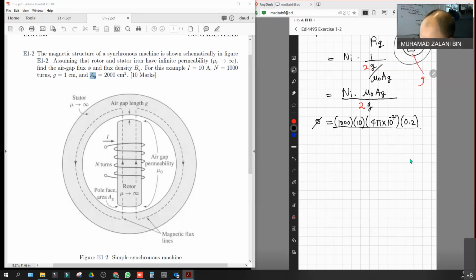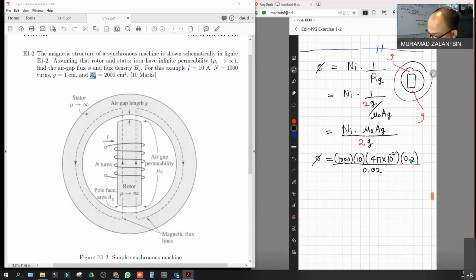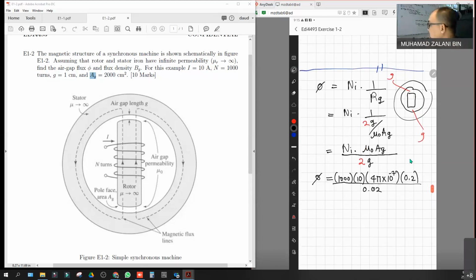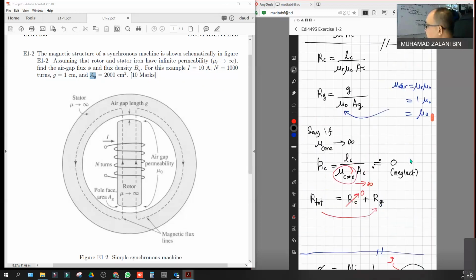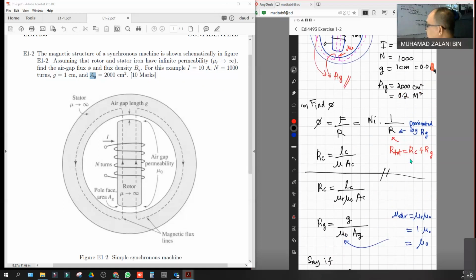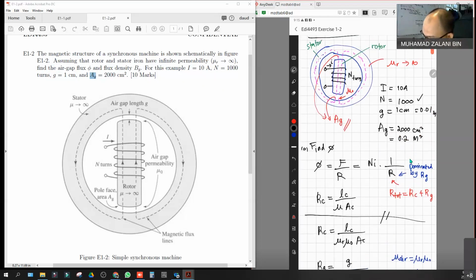Yeah? 2G, 1G is 0.01, 2G means 0.02. Let's just quickly have a check on each of the values. 1000, 10, 0.2, 0.02. We have 1000, 10, 0.2, and 2G is 0.02. So betul lah semua, okay?